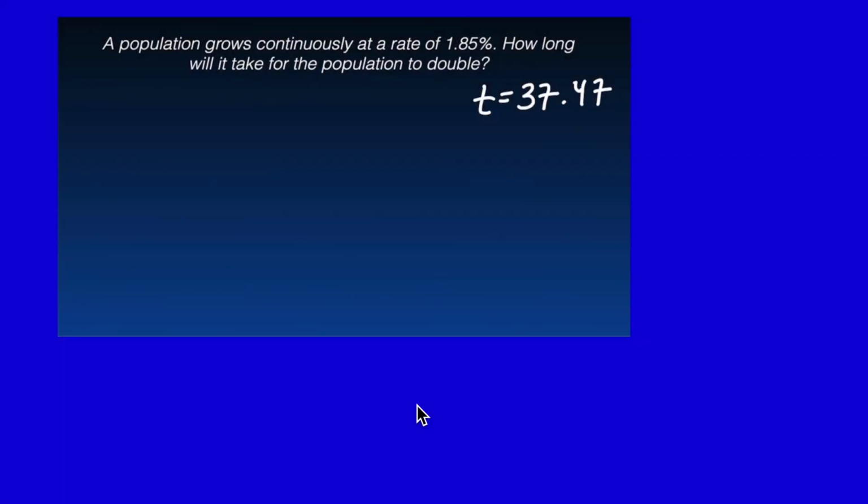Folks, I want to point out something about the problem we just did, where we found that the time is 37.47 years for the population to double. If you see this rate of growth of 1.85%, you might be tempted to use this formula, where the amount at time t equals the initial amount times 1 plus or minus r raised to the t, where r is the decimal version of the growth rate.